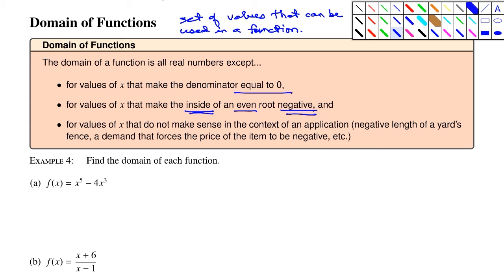That's a no-no. And then the last one is what I was referring to earlier, is the values of x that do not make sense in the context of an application. For example, negative length of a fence, a demand that forces the price of that item to become negative, things like that. We just can't have those. So we exclude those as well.